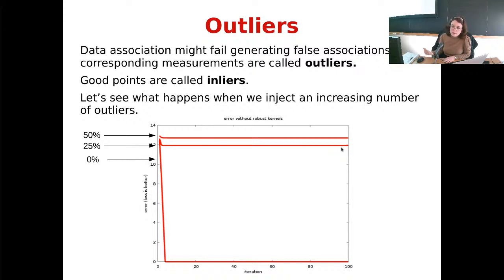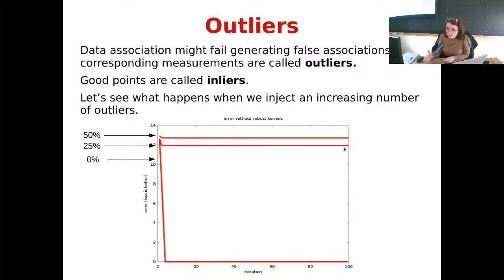We can recognize the outliers because the chi for these measurements is much higher than the chi for the other measurements for which the association is good, in which case we talk about inliers. So points corresponding to wrong associations are called outliers, while good points are called inliers.